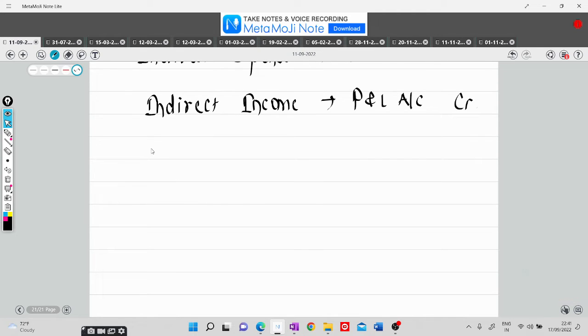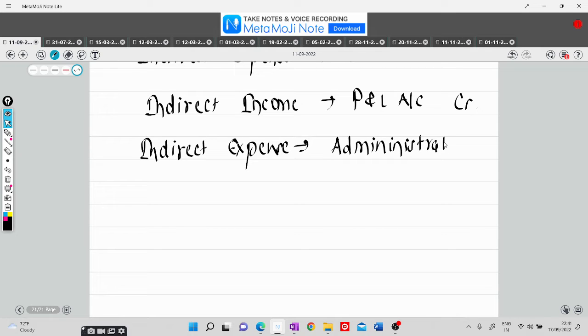For example, indirect expenses include expenses for administration, selling, marketing, etc. These expenses are not related to factory or manufacturing.